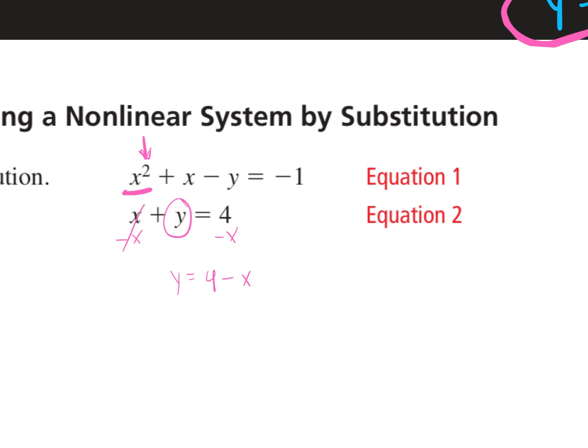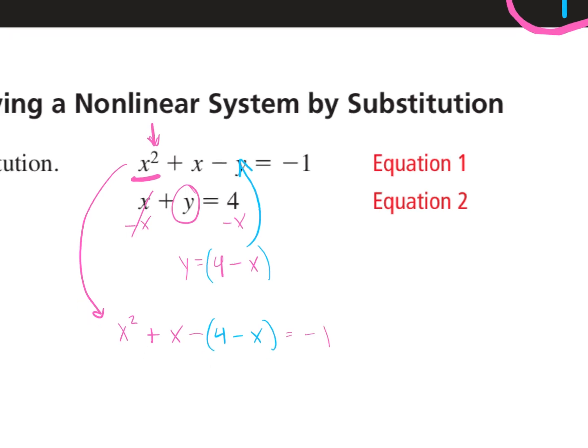Once I have this 4 minus x, I'm going to substitute it into the y in the other equation, replacing the y. So my new first equation is x squared plus x minus y, and since y is equal to 4 minus x, minus (4 minus x), is equal to negative 1.